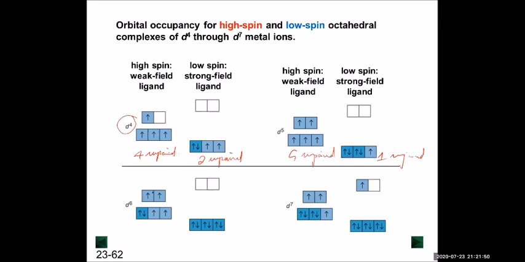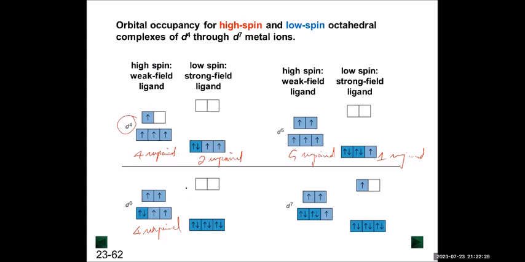With 6 d electrons, the first 5 electrons occupy individual, separate orbitals. And the number 6 electron has to pair with the lowest energy d orbital, which is here. So here you have 4 unpaired, with the weak field. With the strong field, because of the large gap, the optimal choice for those electrons is just to overcome the pairing energy barrier of repulsion.